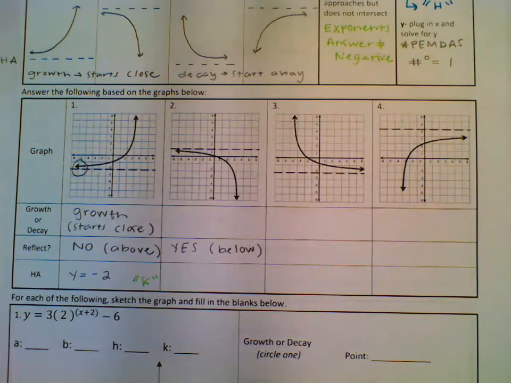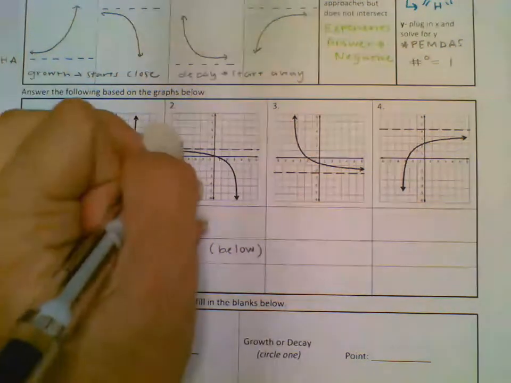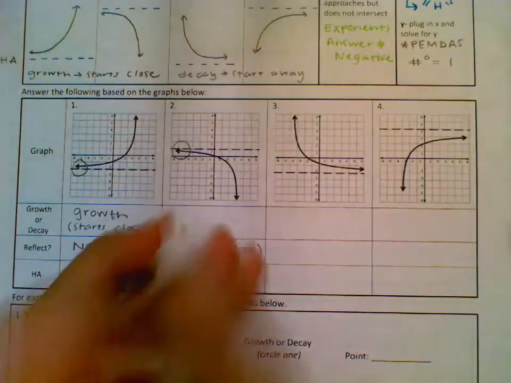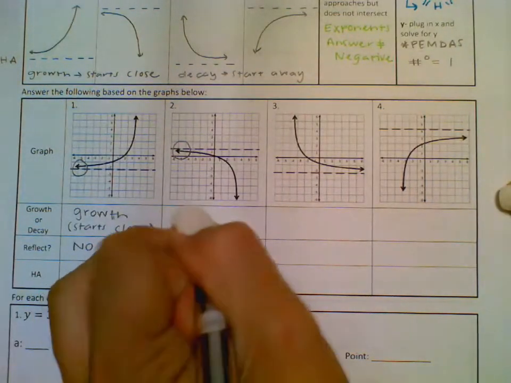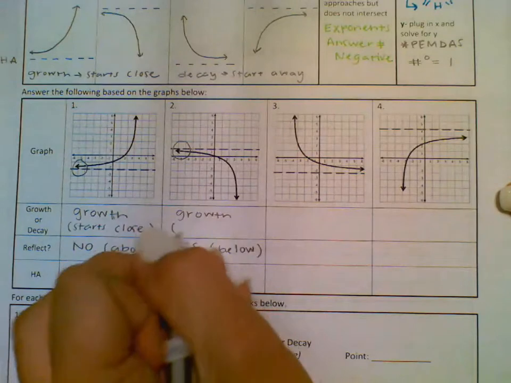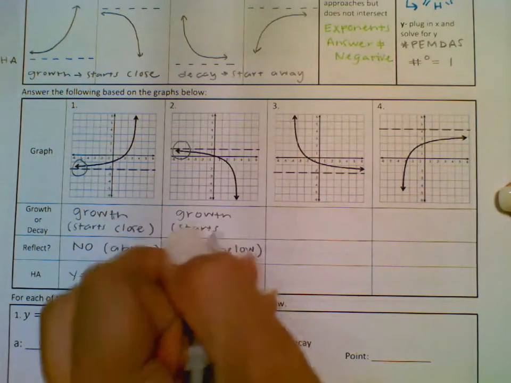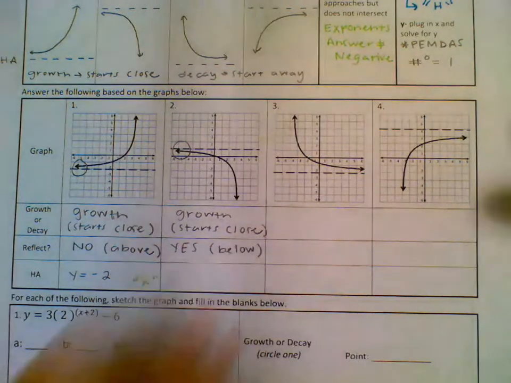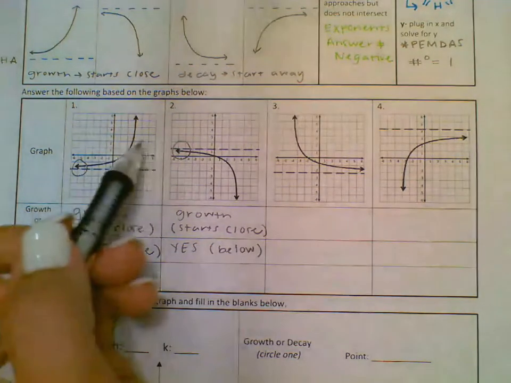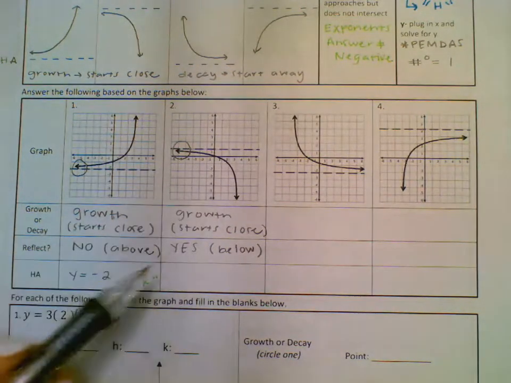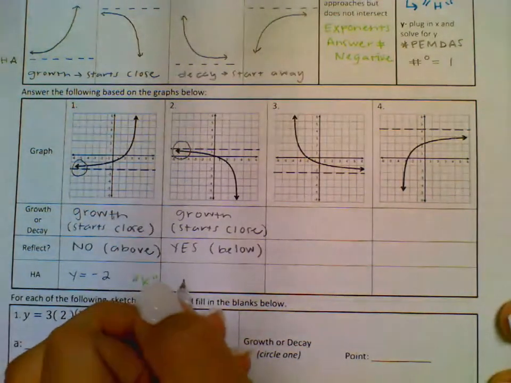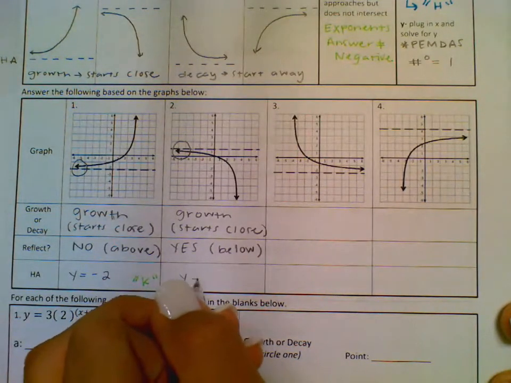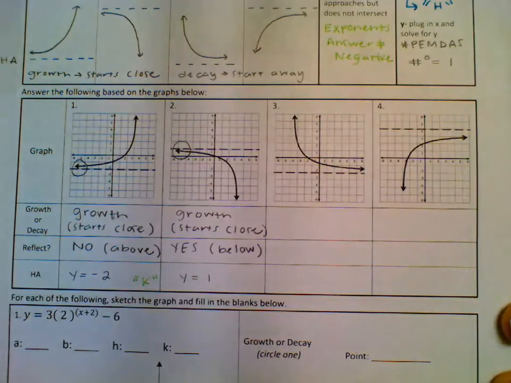If you look at number 2, is this growth or decay? This on the left side is starting close again, so that is growth. Again, it's a reflection because the curve is below the asymptote, so that is a reflection. And then my asymptote is y equals 1.